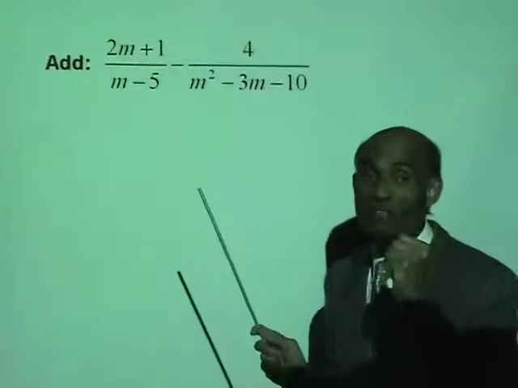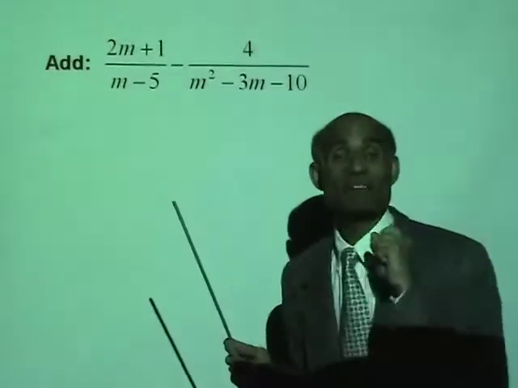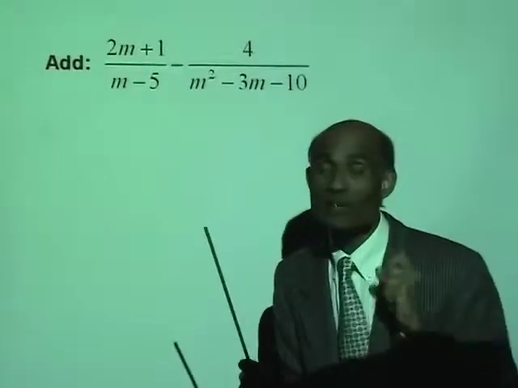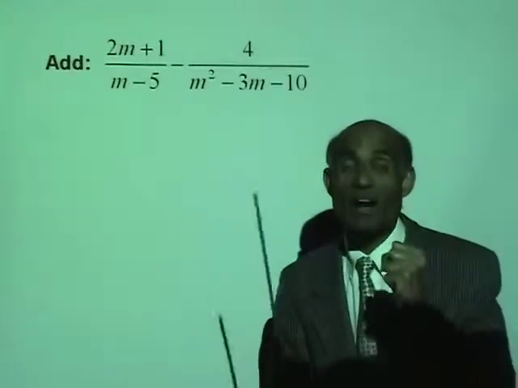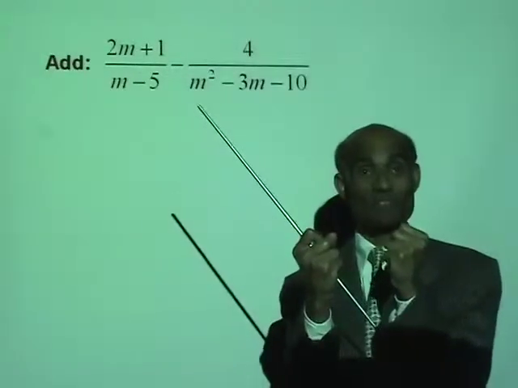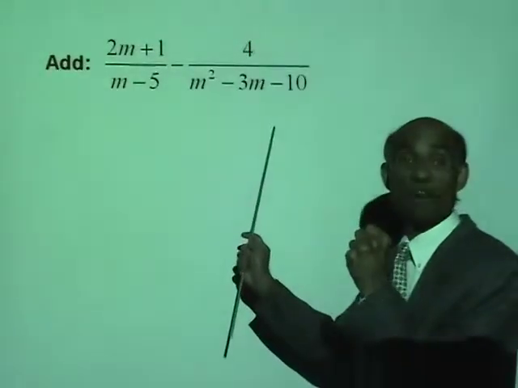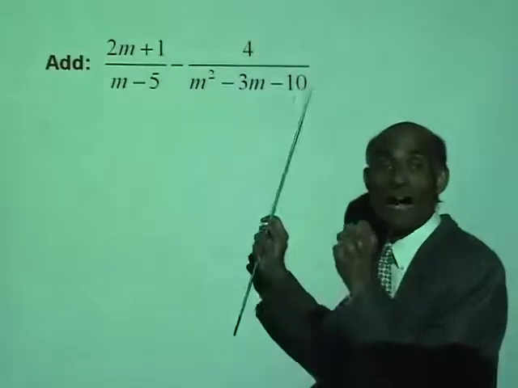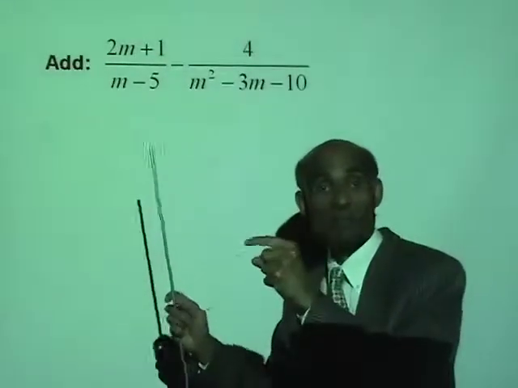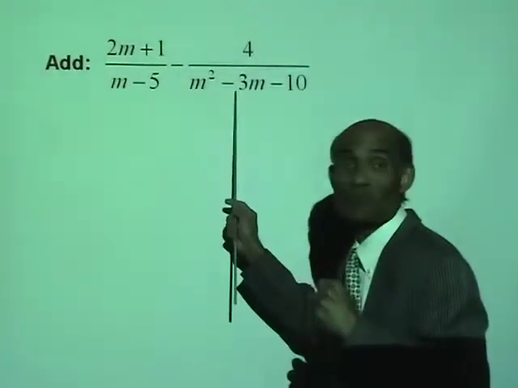It must be a positive number and a negative number. Did you get it? Those two numbers are negative 5 and positive 2. Look at this. Negative 5 times positive 2 is negative 10. And negative 5 added to positive 2 is negative 3.